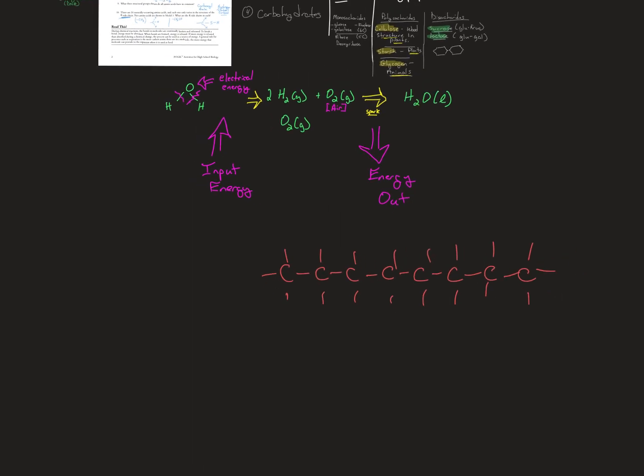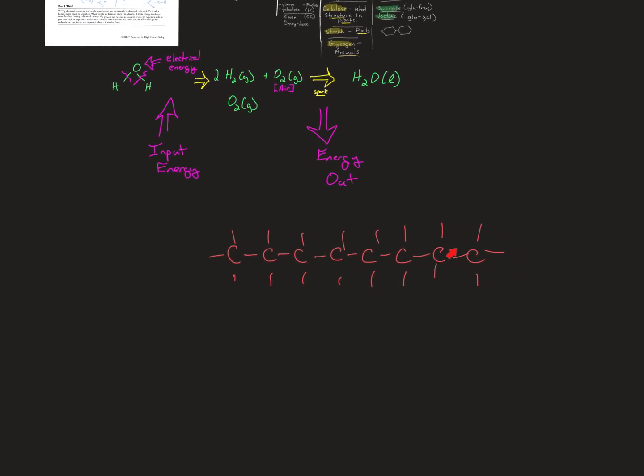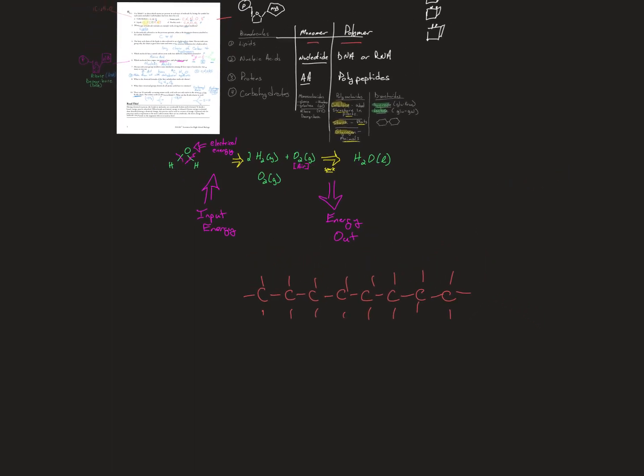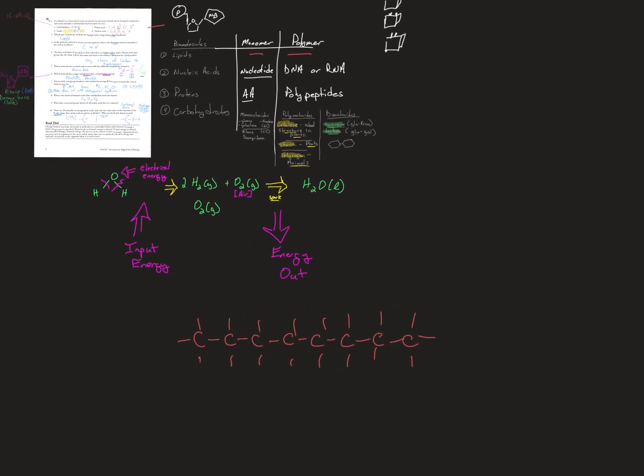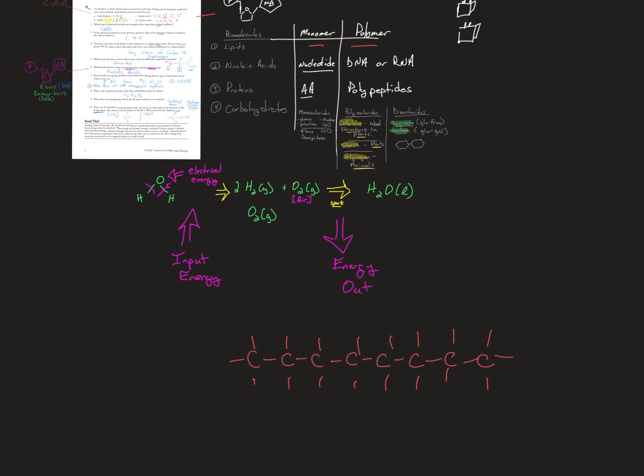The more of these bonds that you can break and then reform in the form of carbon dioxide, when you do that, you get energy out, and boom, you can use that energy to run the different things that you need to do in your body. So fats are one way we can do it, but we can use water as a simple way of looking at it, in a very simple ratio, and I think fairly dramatic way. We can see energy coming out, energy putting in, electrical energy going in, and we get out that explosive energy when we make water.